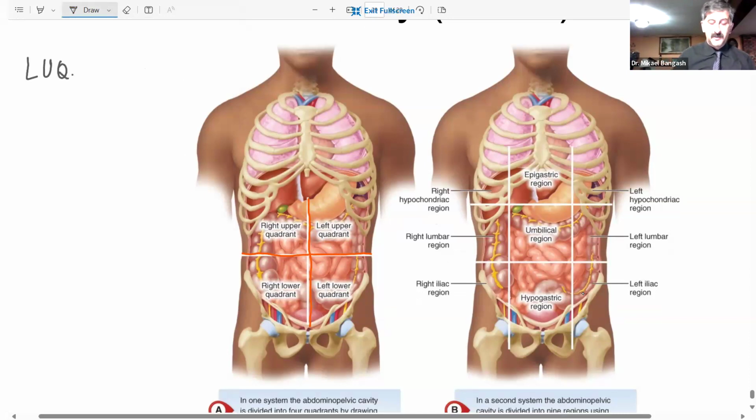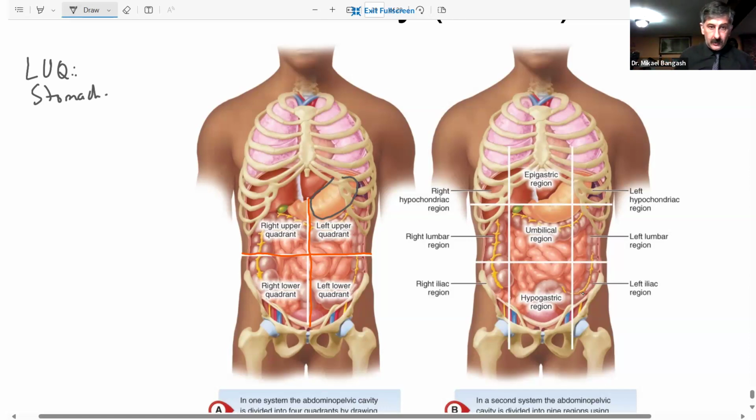Let's just start from one side. Now some structures are going to be obvious, some are what would be beneath if we remove some of these structures. But the first thing that you may see here is the stomach.